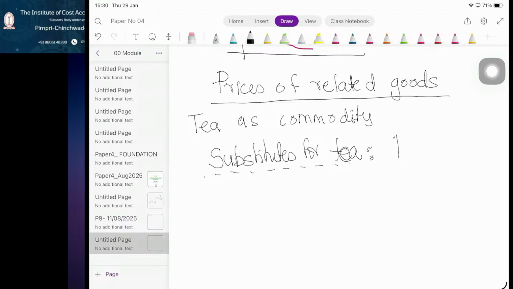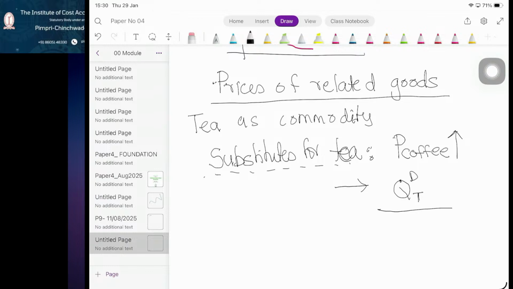So if the price of coffee increases, what would be the impact on demand of tea? Quantity demanded of tea.